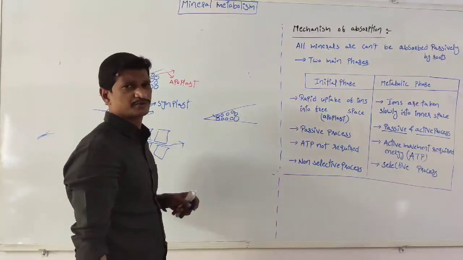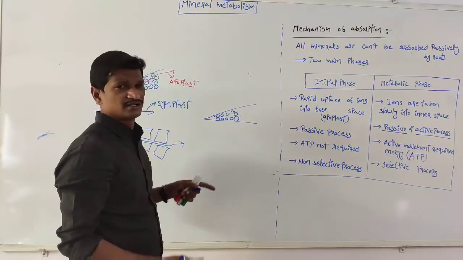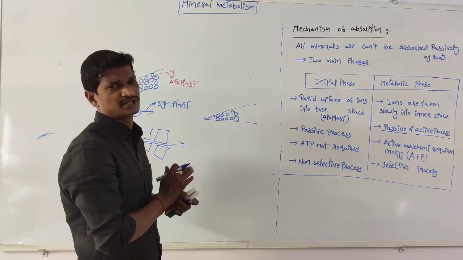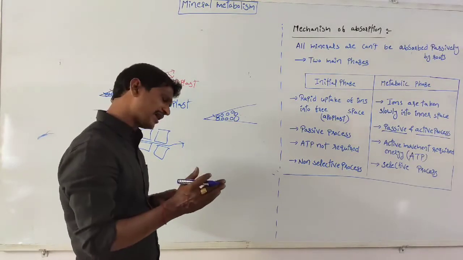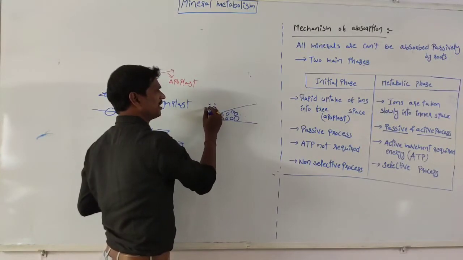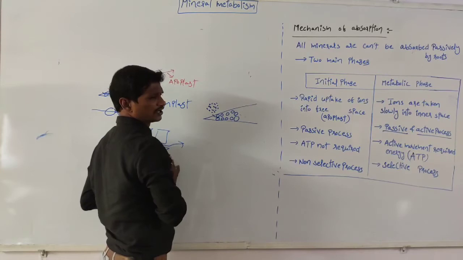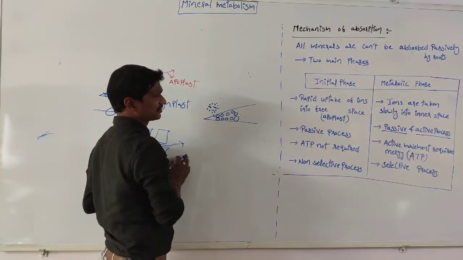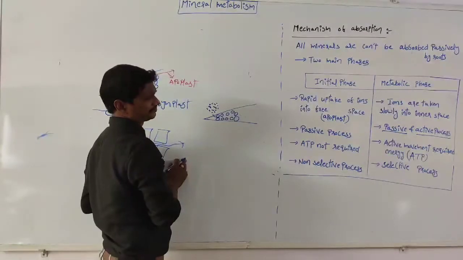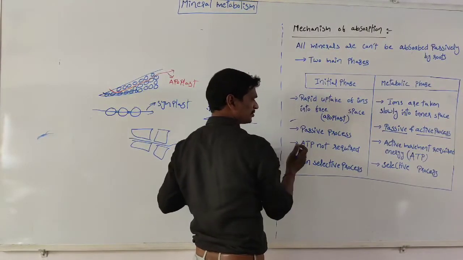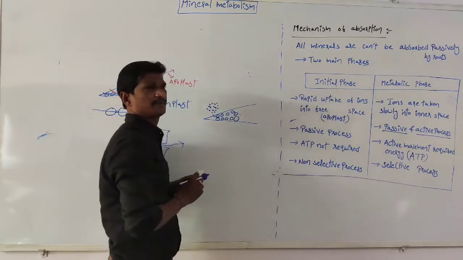This is the passive absorption, because here the minerals are not crossing any plasma membrane. Minerals are absorbed from high concentration to low concentration. Right? This is the passive process. So the passive process does not require ATP.